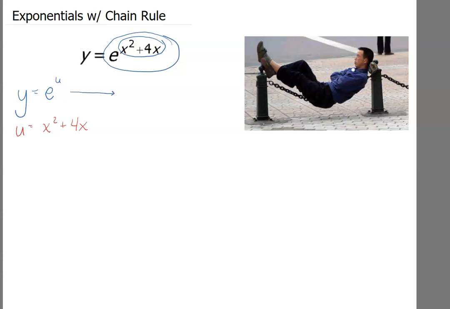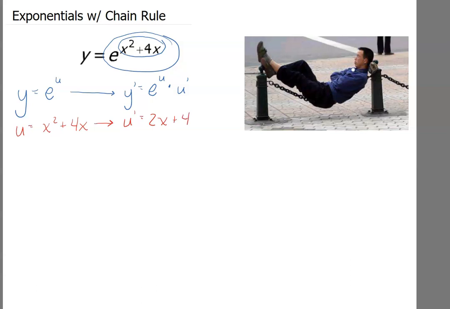And so if we think of the rule that we just saw, then e to the x has a derivative of e to the x. e to the u has a derivative of e to the u, just with that fixer piece, for the same reason as we've always done it. And in this case, that exponent u is x squared plus 4x, so the derivative is 2x plus 4.